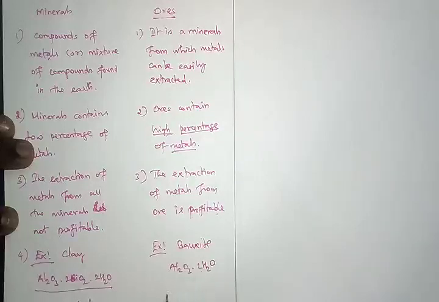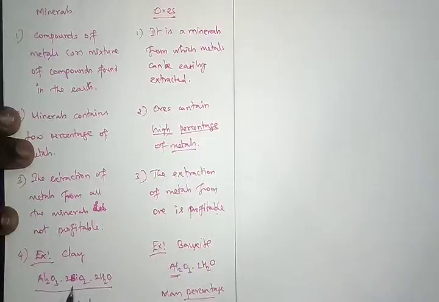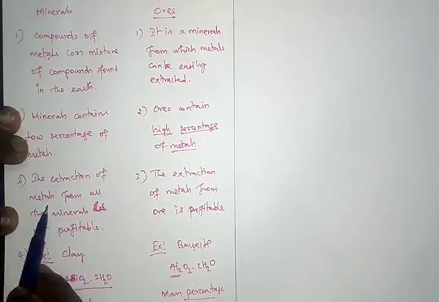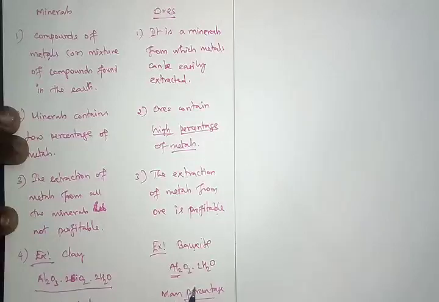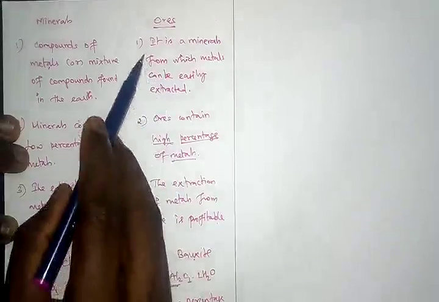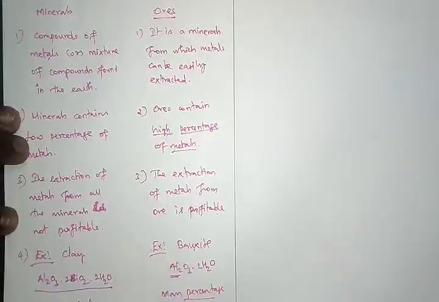Whereas in bauxite, the mass percentage of aluminium is high. So the extraction process is easy in bauxite ore, whereas it is difficult in clay, because it has a lesser amount of aluminium.